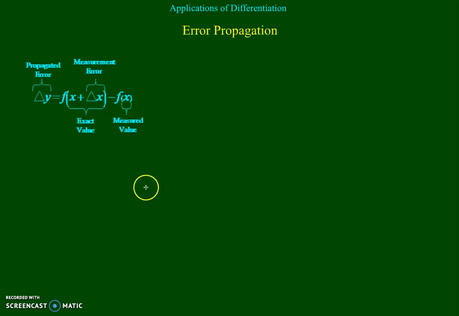Now this application of differentials is called error propagation, and it is very important in many engineering and other disciplines where we're concerned with precision, whether it be in the dispensing of medicines or in tolerances for machine parts and things of that nature. So here you can see the expression for the actual change in y, and this delta y value is now being called propagated error.